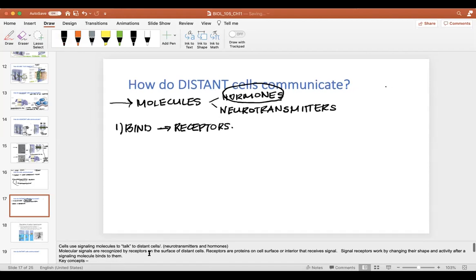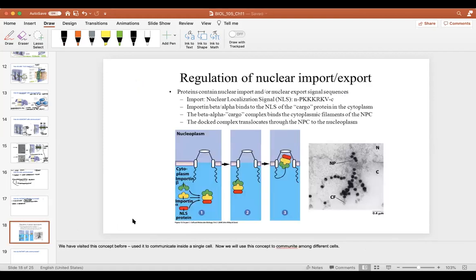Okay, so receptors are proteins on a cell surface or interior that receive a signal. So let's review and go back to a slide that we've seen previously. This is a slide from chapter 7, okay? This slide, if you remember, covers the nuclear localization signal, okay?